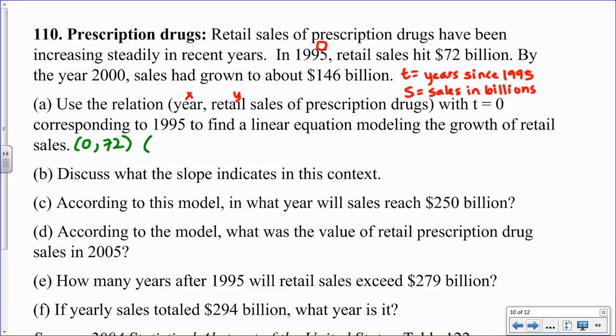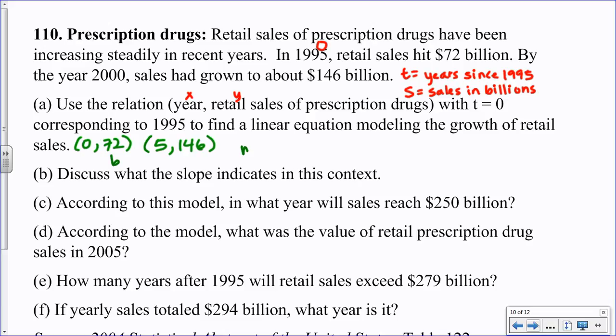So how would I write that? 2000 is how many years since 1995? 5. And then it was 146 billion. Do I know my y-intercept? Yes, so I don't have to solve for b or use point-slope form. The y-intercept is 72. But I still need to find the slope.